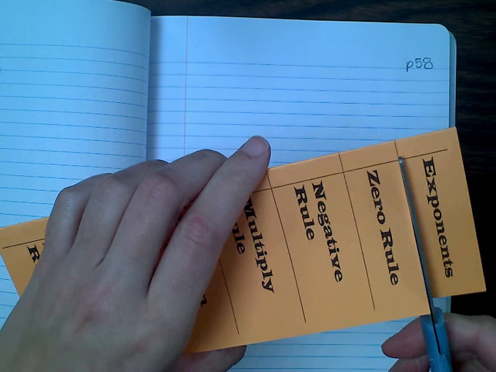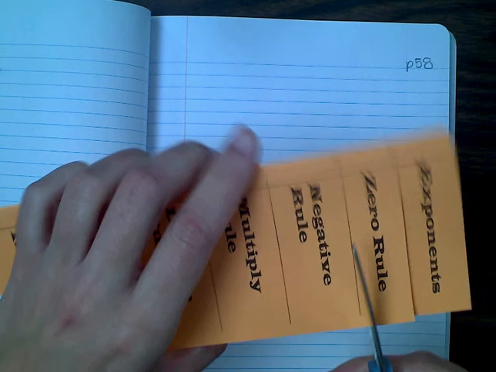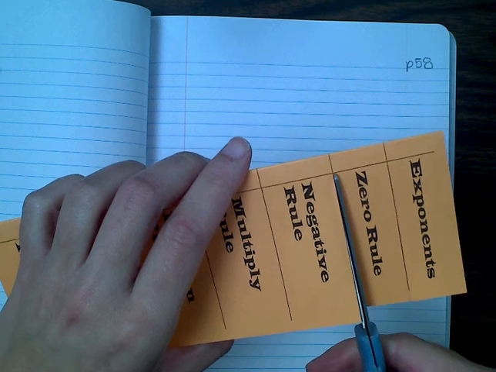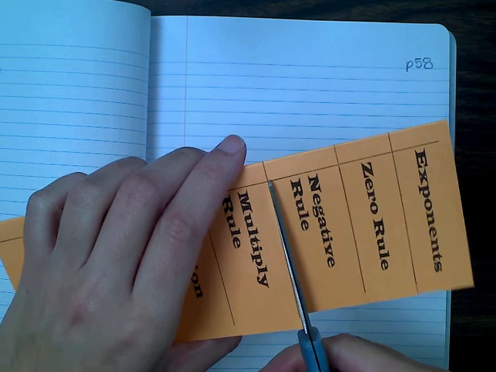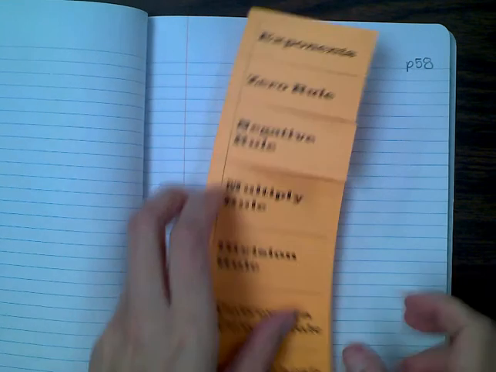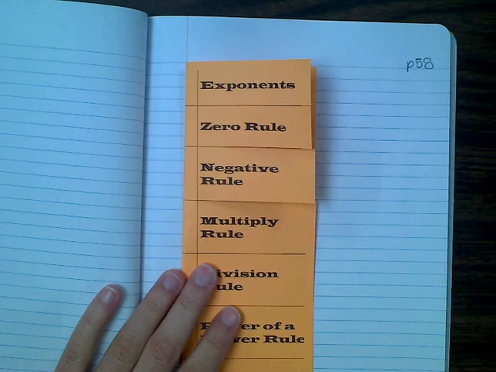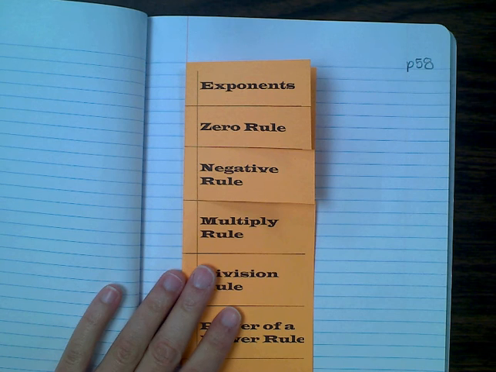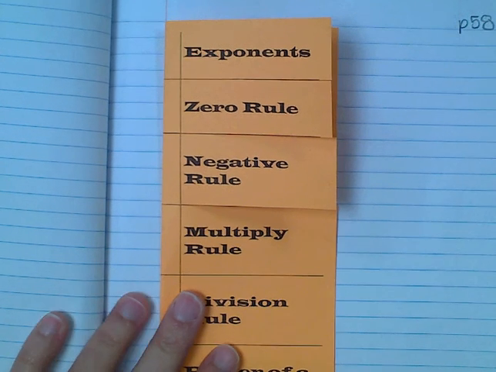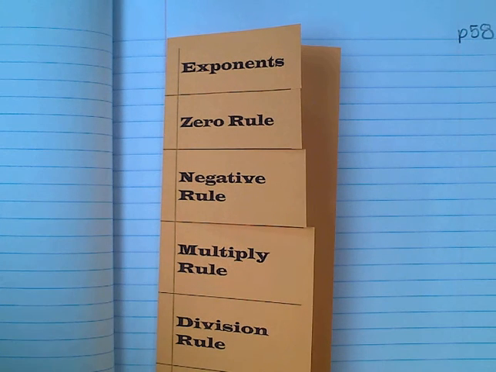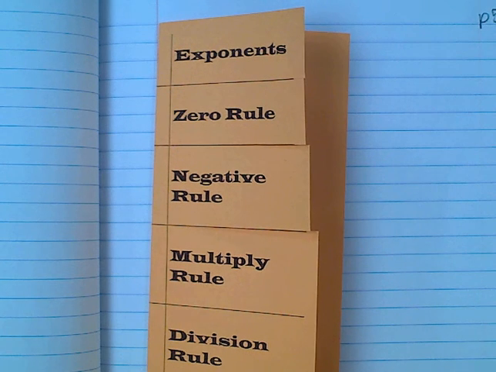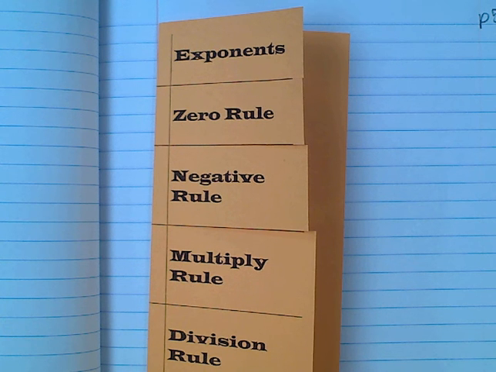Now if you want, today we're just doing exponents, zero rule and negative rule, so you could just do those for now if you want, or you could just do the whole thing. Either way. And then we're going to put it on this page here, but I'm going to leave that detached for now because it'll be easier for me to write the notes and then tape it in later, glue it in later.